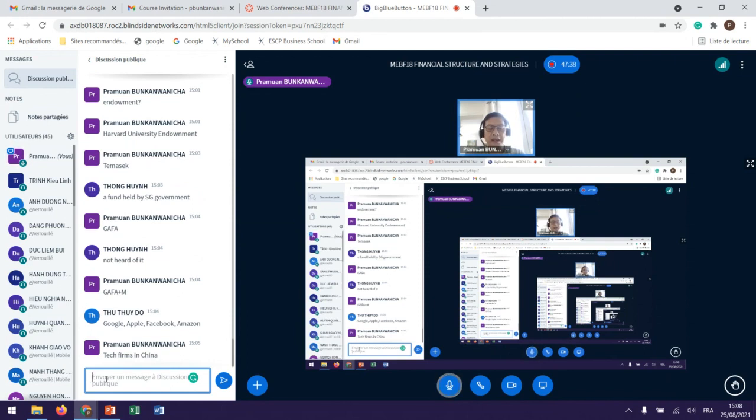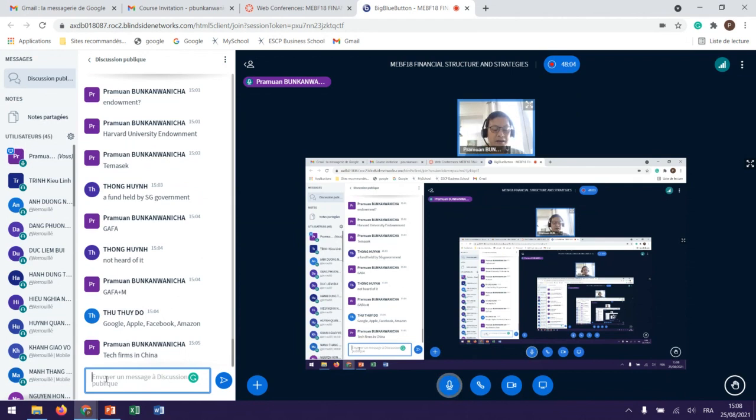Same for the US, a lot of politicians these days, if you listen to international news, criticize the power of Google, Apple, Facebook, Amazon, Microsoft. They are now super big, even bigger than many economies.